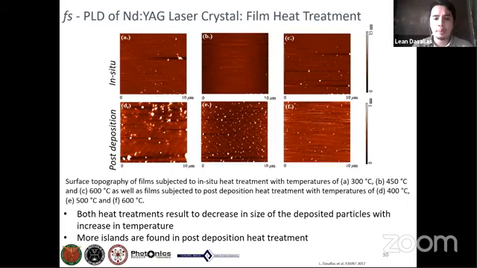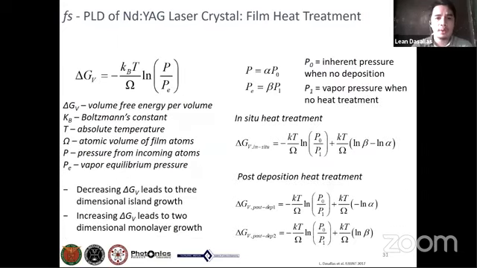In order to explain this result, we used the thermodynamics approach in describing deformation of the thin film. So we have here the volume free energy of the system as a function of pressure and temperature.